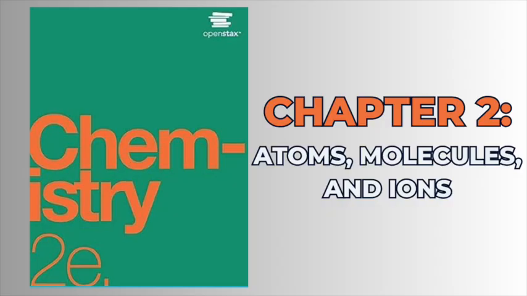Example 2.11. Predicting the formula of a compound with a polyatomic anion. Baking powder contains calcium dihydrogen phosphate, an ionic compound composed of the ions Ca2+ and H2PO4-. What is the formula of this compound? Solution. The positive and negative charges must balance, and this ionic compound must be electrically neutral.